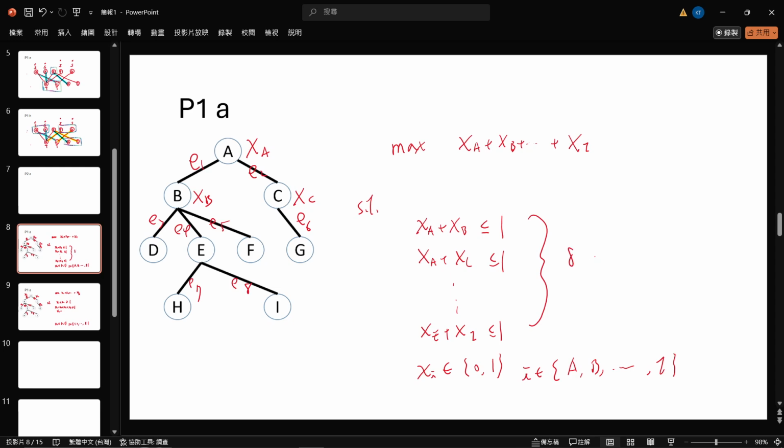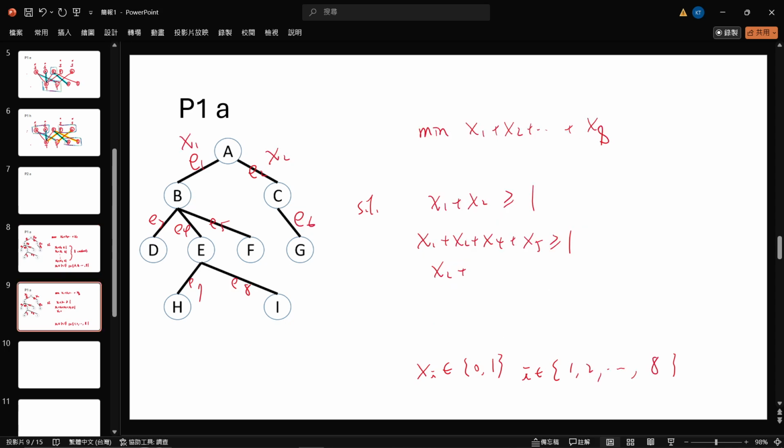So here we have 8 constraints. Okay, so for vertex C, the constraint is x2 plus x6 is at least 1. Okay. So here we have 9 constraints.